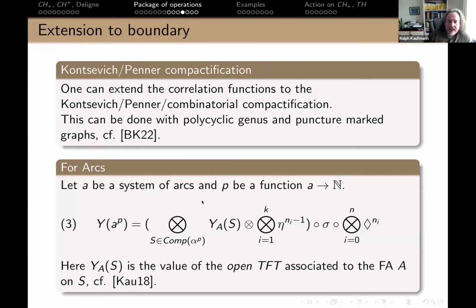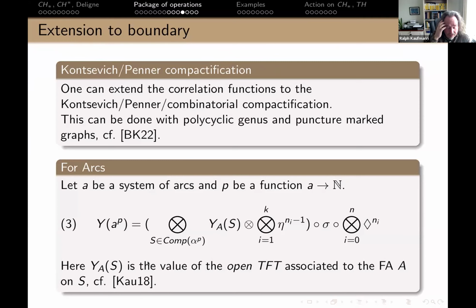And then if you go to the compactification, there is a little modification, eta, which is the form. So I have this thing, but here, instead of just taking the integral, what I should do is take the value of the open TFT associated to the Frobenius algebra A. I had a much more complicated formula in 08, and this is the easiest way to say it. I put this into a paper which just got accepted to JNCG.